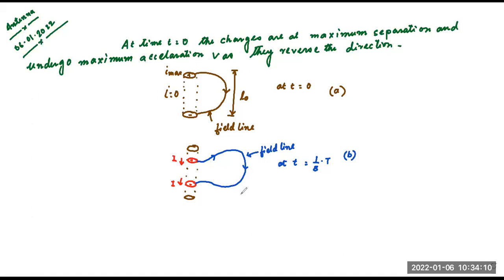Now what is happening? At 1/8 period later, the charges are moving towards each other, and at 1/4 period, they pass the midpoint. So let us draw another figure.